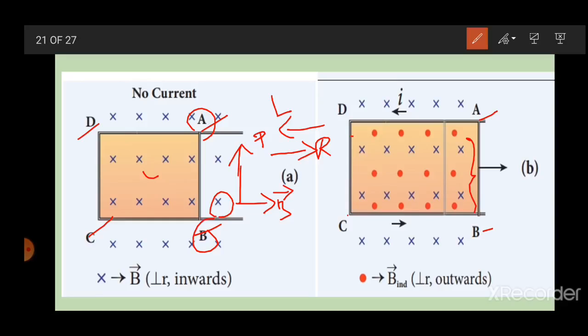This is the outward direction of the magnetic field. Then the magnetic lines of this induced field are represented by red circle dots. From the direction of the magnetic field thus produced, the direction of induced current is found to be anti-clockwise. This is the induced current I, found by using the right hand thumb rule. Students, I will tell you the right hand thumb rule later. Okay.